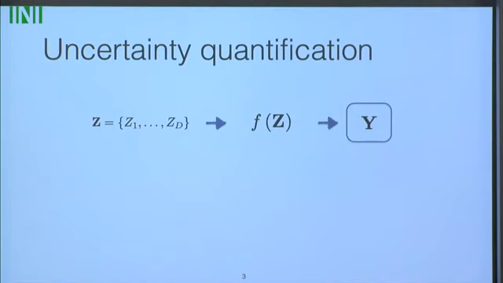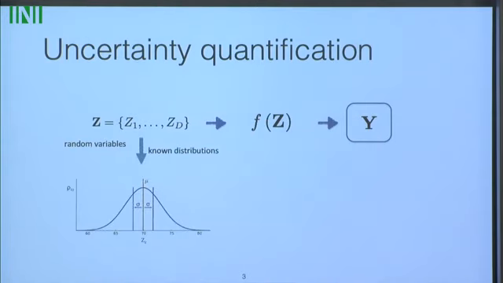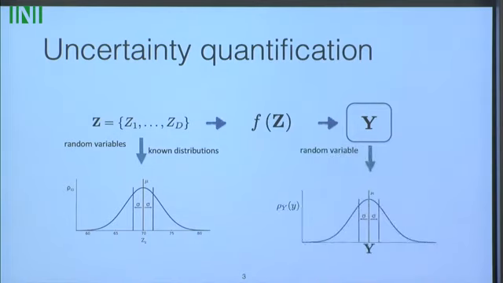It produces some output, and these input variables are random variables. They have some uncertainty attributed to them. Then we propagate that uncertainty through the model, and out comes a prediction with some kind of uncertainty as well. That's what we call uncertainty quantification.